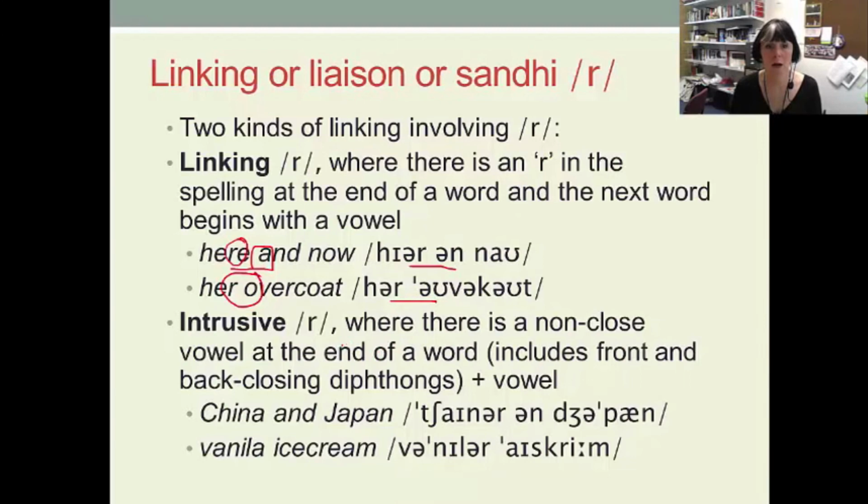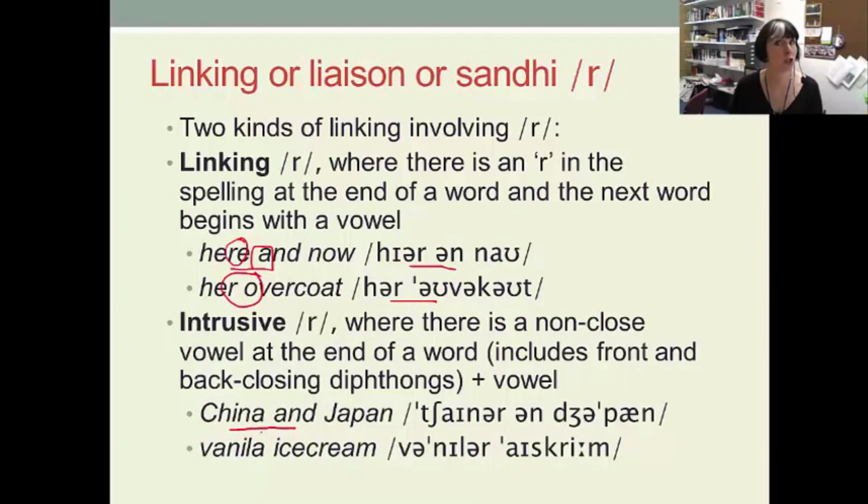So that's linking R. Intrusive R we get where there is a non-close vowel at the end of a word and the next word begins with a vowel sound. Now this is something that would never happen in American English, because if there's no R in the spelling, you just don't say it in American English. But if we've got words like China and Japan, I can do it with a glottal stop.